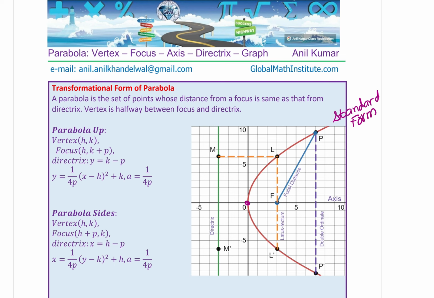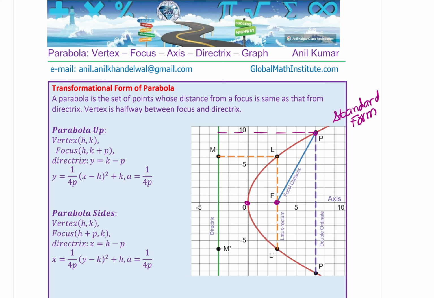But in any case, any point on the parabola is the same distance away from the focus point and a vertical line which is called the directrix. Correct? And we have also understood a few more terms as labeled here in this particular diagram. So basically, a parabola is the set of points whose distance from a focus is the same as that from the directrix. The vertex is halfway between the focus and the directrix.